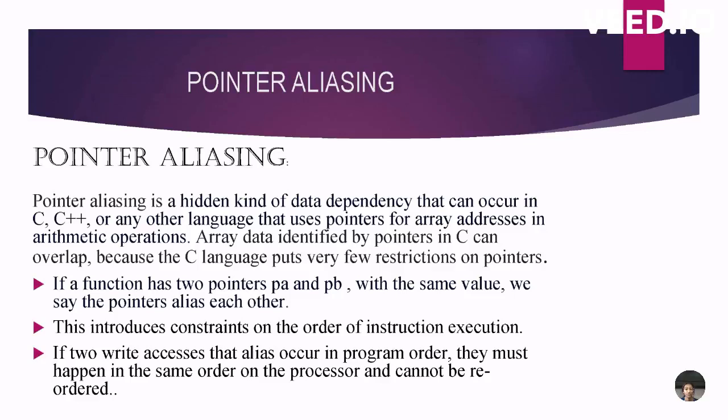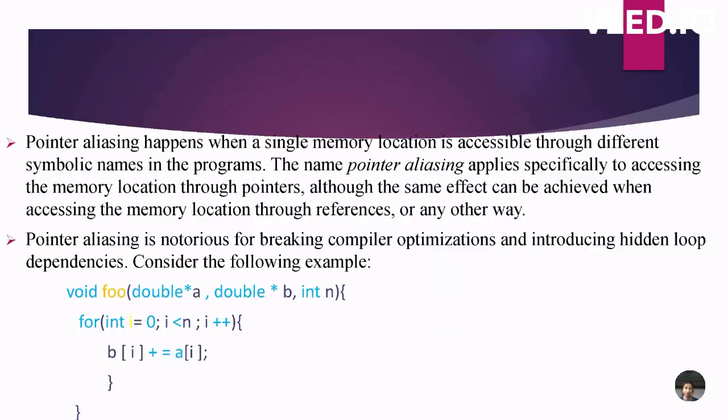This introduces constraints on the order of instruction execution. If two write accesses that alias occur in program order, they must happen in the same order on the processors and cannot be reordered.